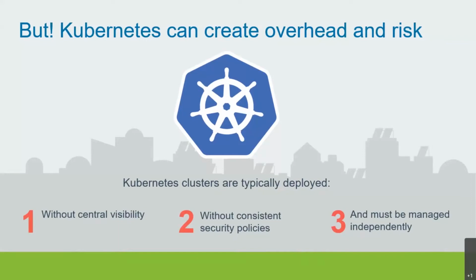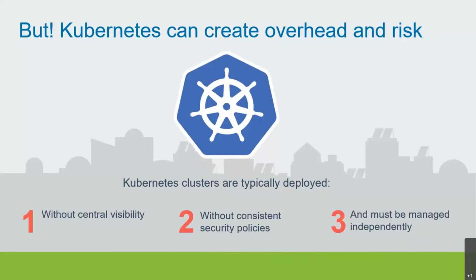They're deploying all over the place, and you lose central visibility. You don't have central visibility if you use the out-of-the-box Kubernetes capabilities. If you don't have consistent security policies, it's left up to every Kubernetes implementation with regards to security, and each Kubernetes deployment must be managed independently.